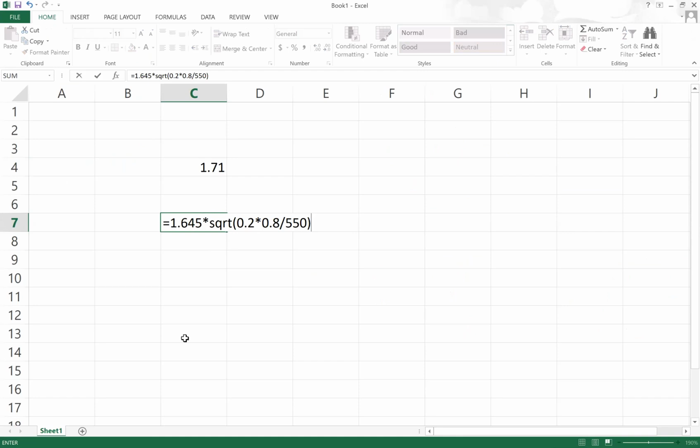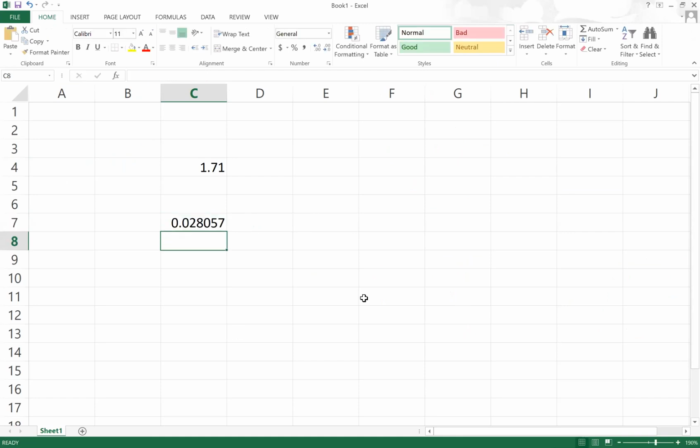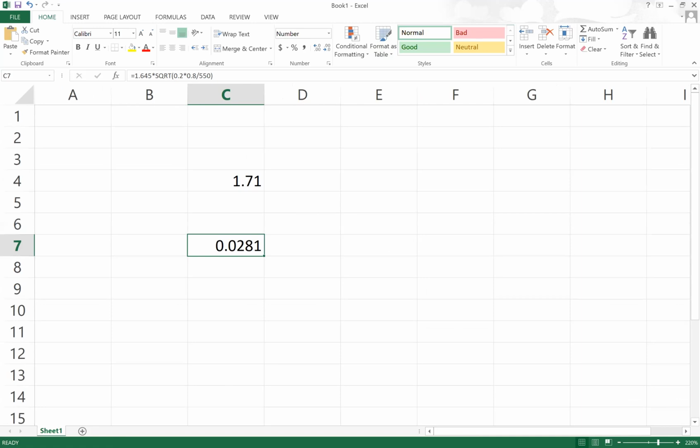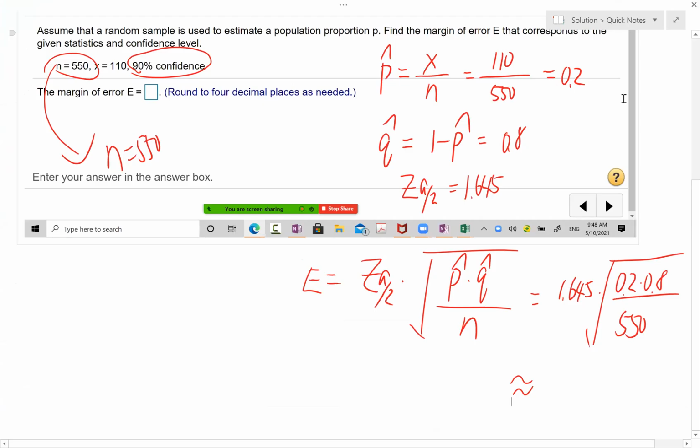You got it. So here you go, and we want 4 decimal places. Okay, 0.0281. That's what we're looking for, the margin of error.